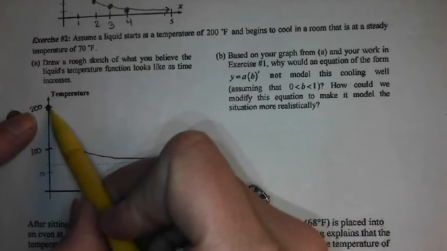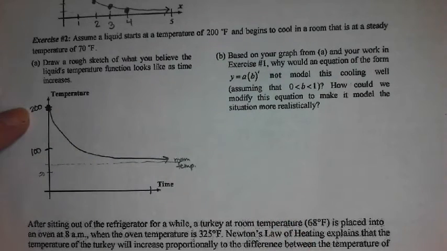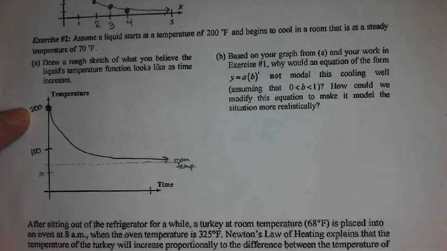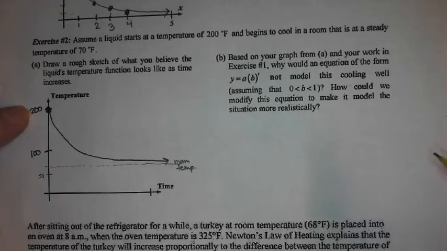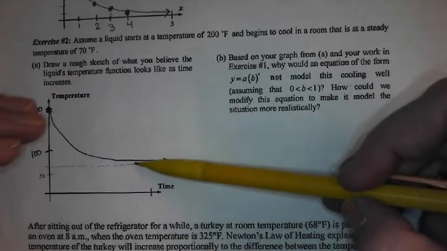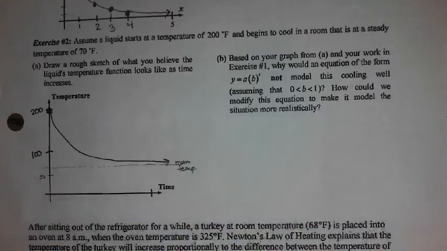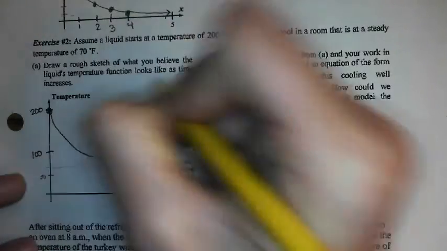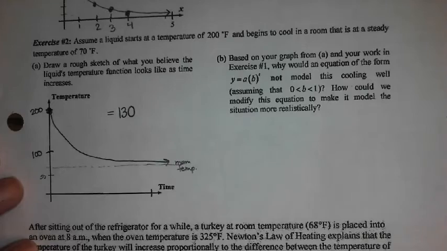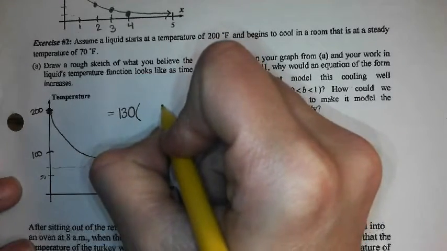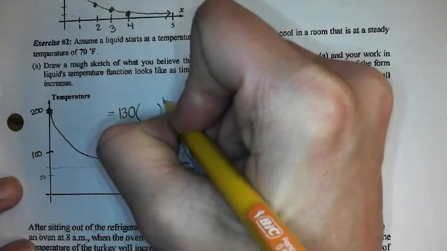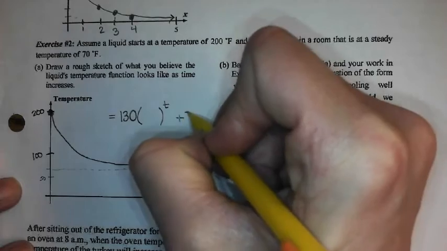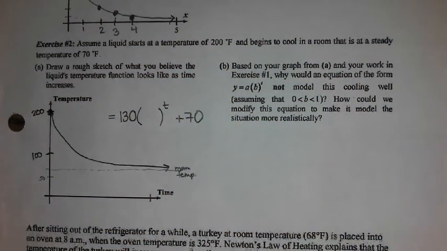So what was the y-intercept then before it got shifted up 70? I heard it. 130. If I shifted everything back down 70 units, the y-intercept would have been 130. I don't really know the rate of decay to the t power, but I do know that there's this plus 70 at the end.